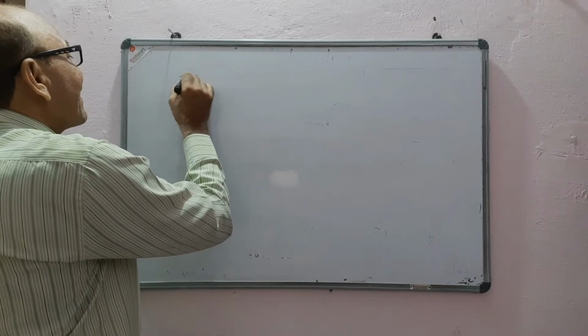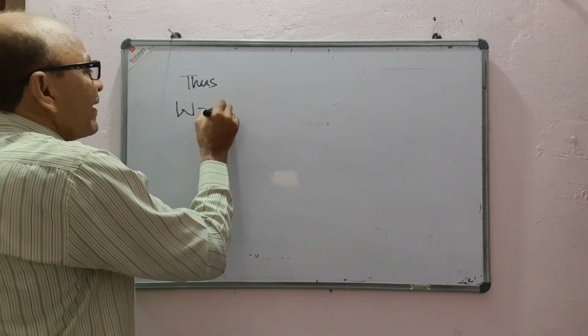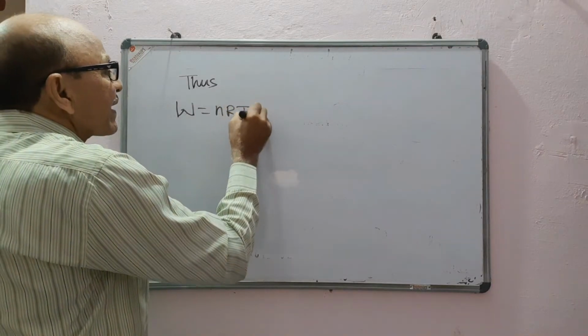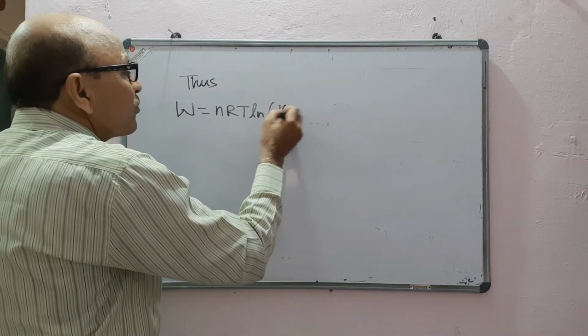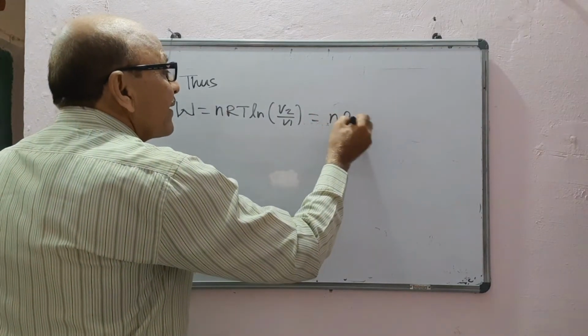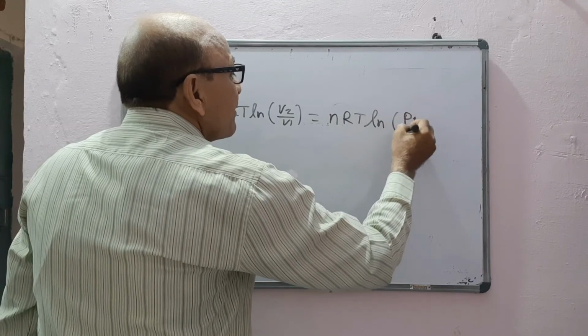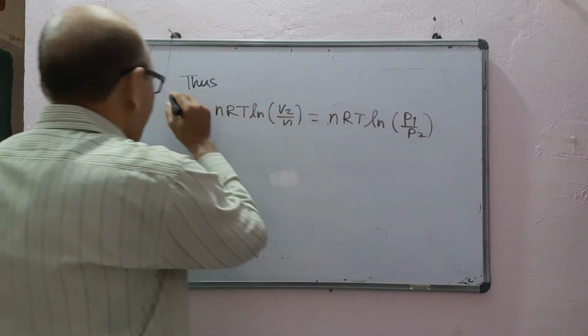Thus, W is equal to nRT ln V2 upon V1 or nRT ln P1 upon P2.